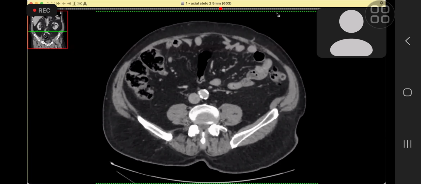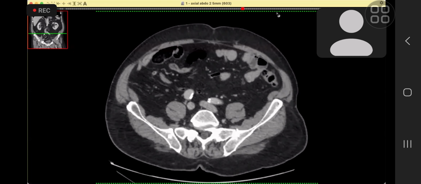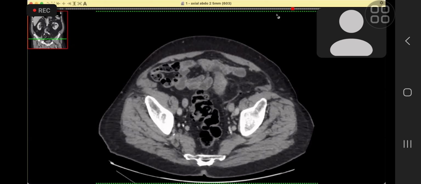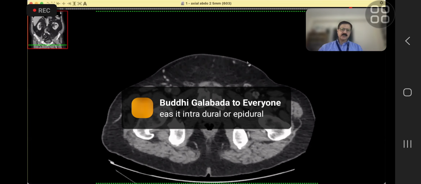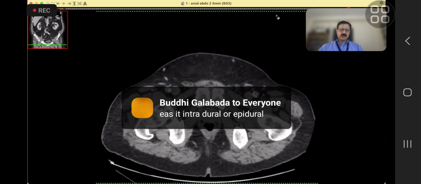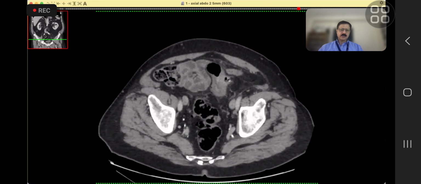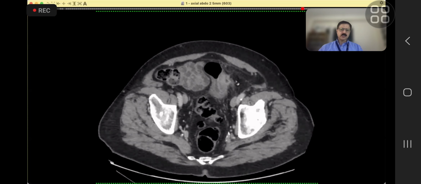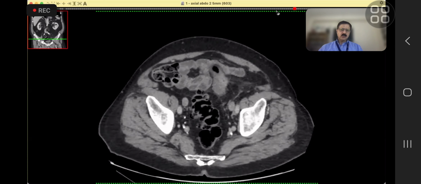So I haven't seen anything obvious, but I thought when I was scrolling up that there was... Okay, just one second. Don't move the mouse.